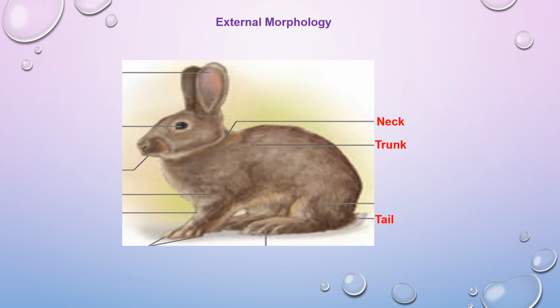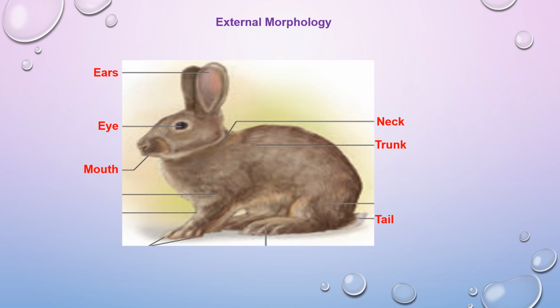Ovoid means oval in shape, flattened, front side flat. The mouth and nose appear in the same place. The head contains the mouth, external nose, eyes and ears.